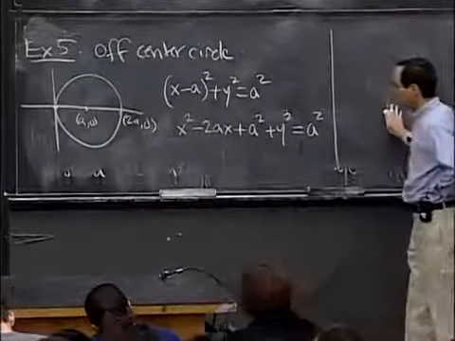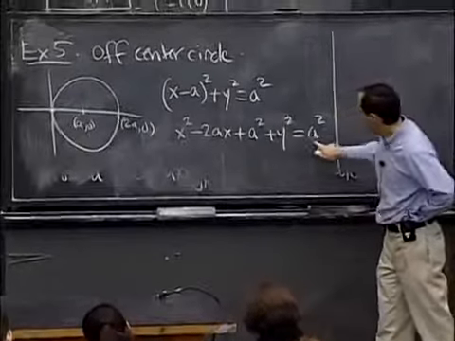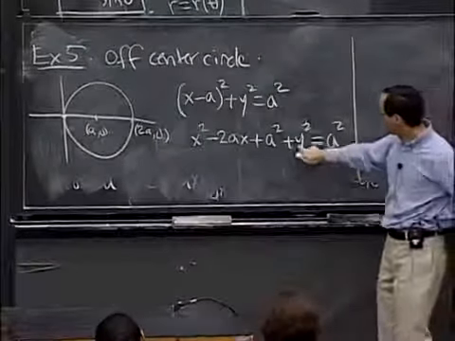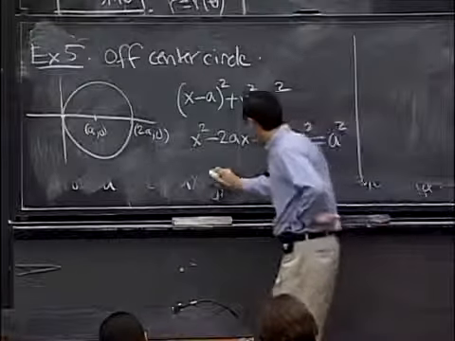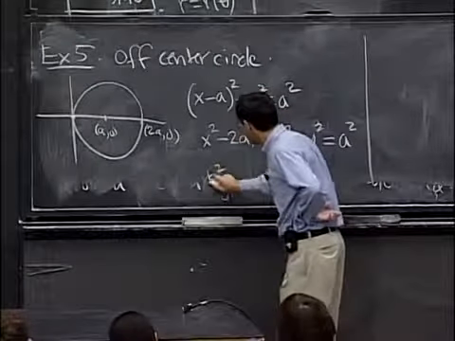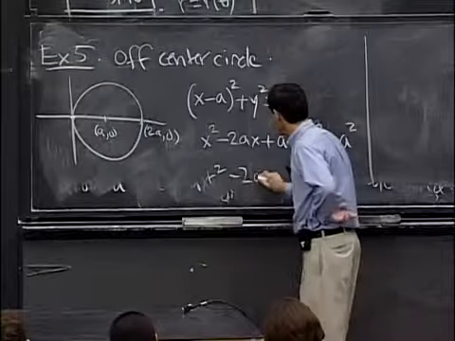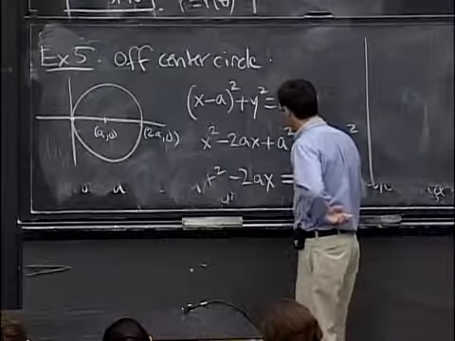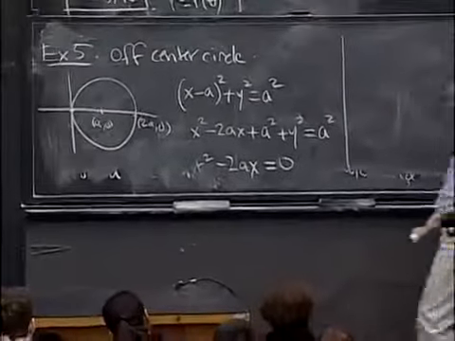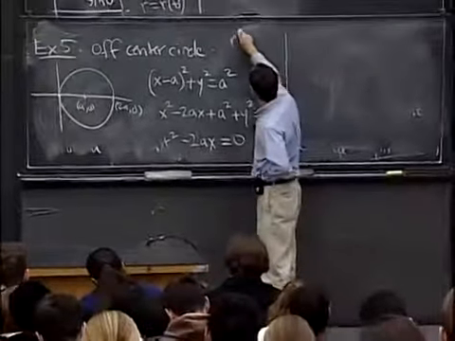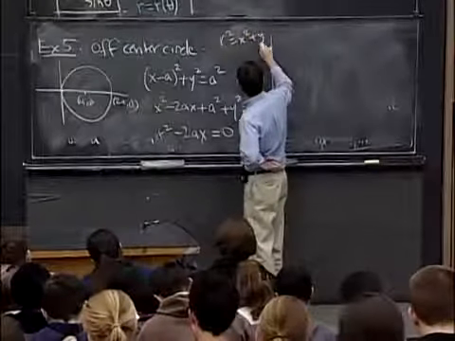All right. And now I see the a squareds cancel. And not only that, but x^2 + y^2 is r^2. So this becomes r^2, that's x^2 + y^2, minus 2ax is equal to 0. The r came from the fact that r^2 = x^2 + y^2.